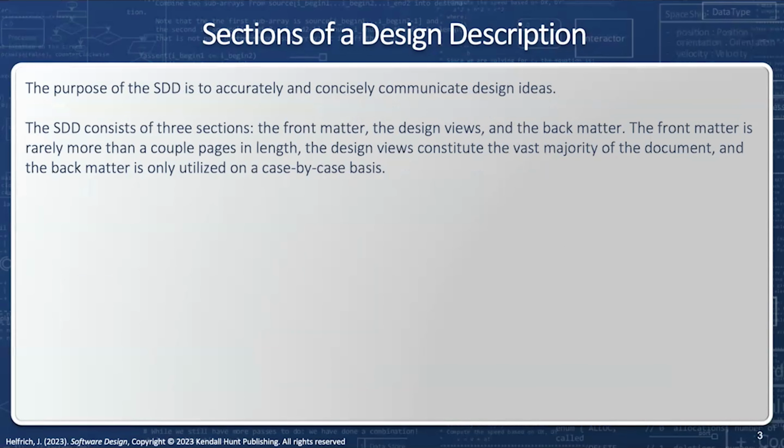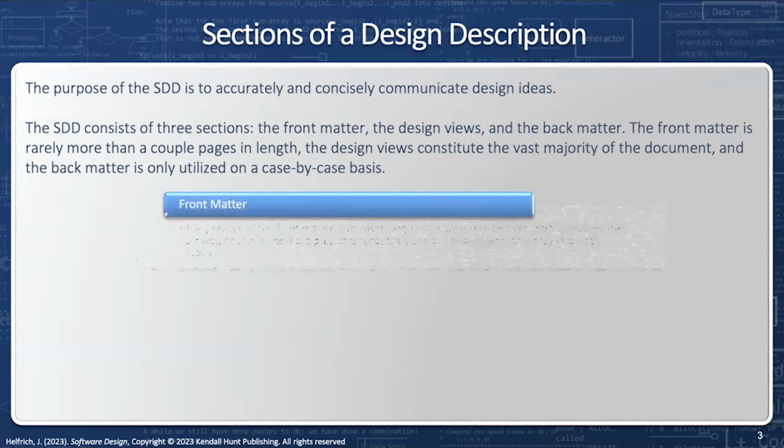Now, the purpose of the SDD is to accurately and concisely communicate design ideas. And it consists of three sections: the front matter, the design views, and the back matter. The front matter is rarely more than a couple pages. The design views consist of the vast majority of the document, and the back matter is only utilized on a case-by-case basis.